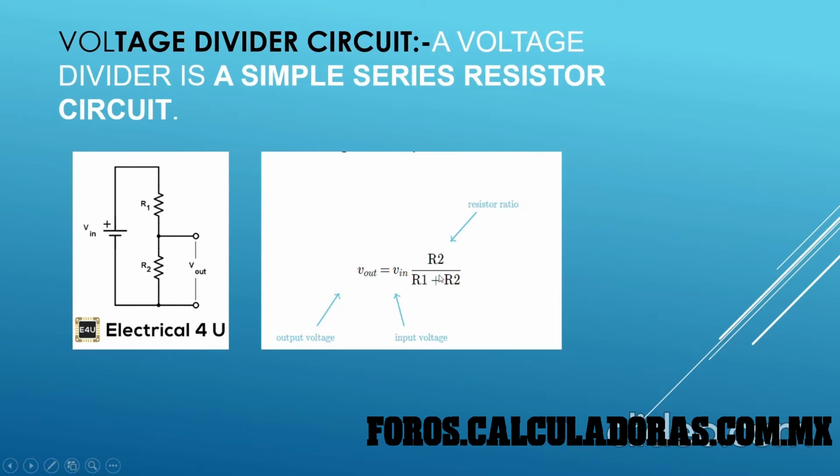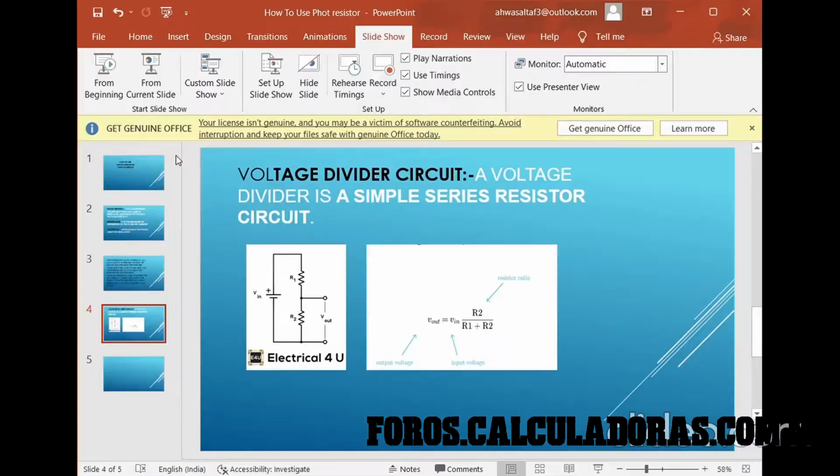So now an interesting thing we will see. V in is the 5 volt we're using from the Arduino, and this R1 is nothing but a photoresistor, and this R2 is nothing but this resistance here.